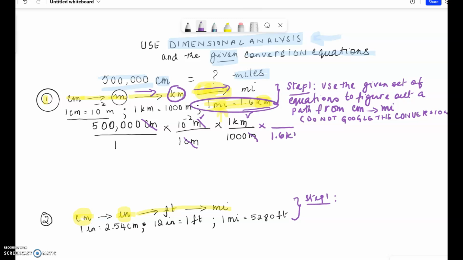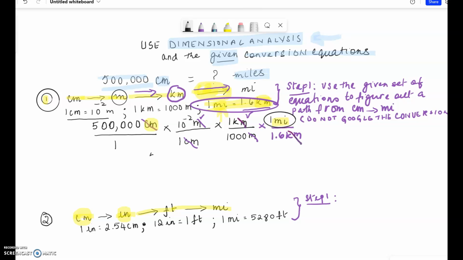So 1.6 kilometers sits in the denominator, and 1 mile sits in the numerator. Let's make sure that we are cancelling kilometers with kilometers. And now finally, everything has been converted to miles. So what we've done is started with centimeters. We've converted centimeters to miles because that is the only unit that survives here.